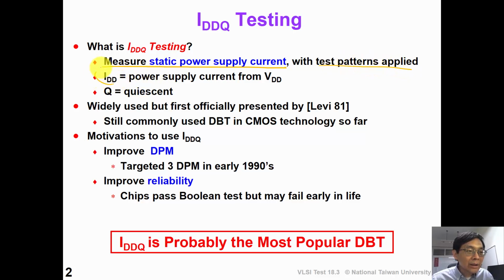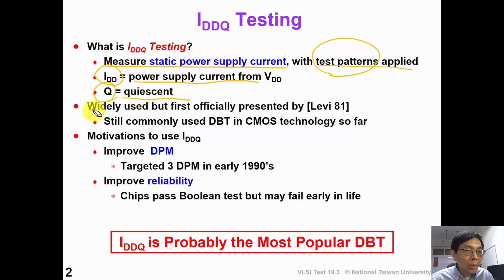The name IDDQ represents power supply current from VDD. The letter Q represents quiescent, which means we apply a certain test pattern and we wait for a certain amount of time so that the circuit becomes stable.